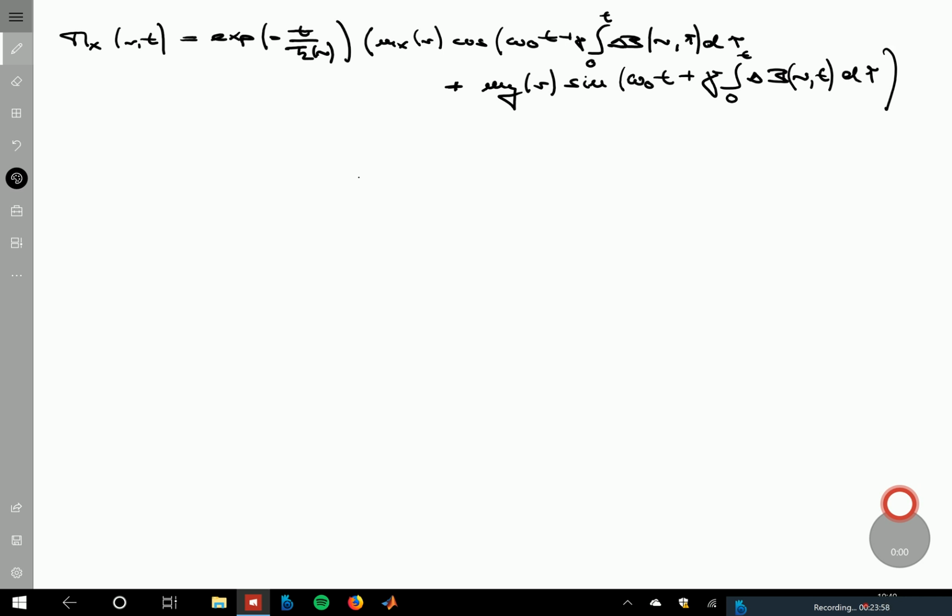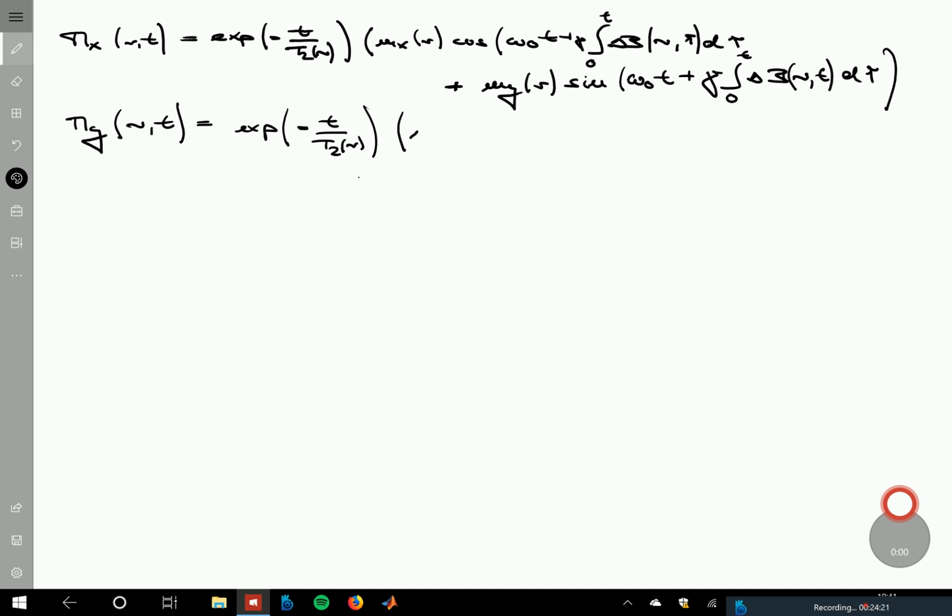So that's the solution for x, and to actually relate this to our differential equation system, we also need to at least write down the solution for y. We don't need to prove it, but we need to write it down.